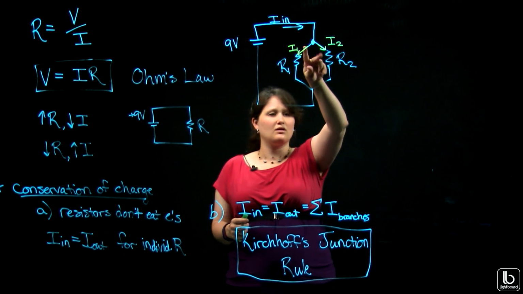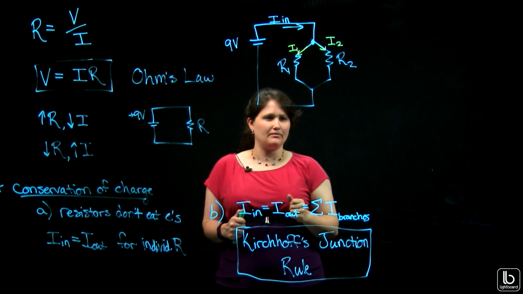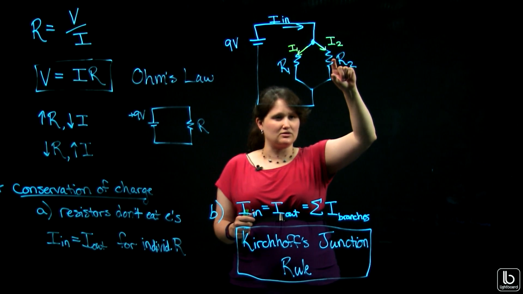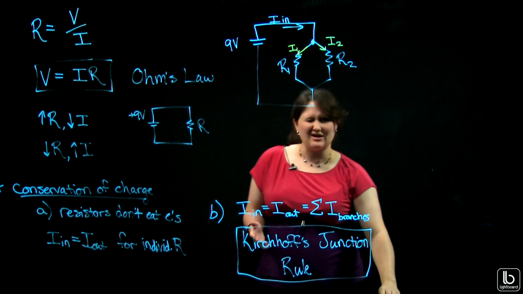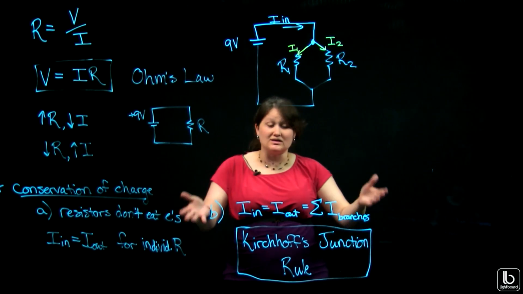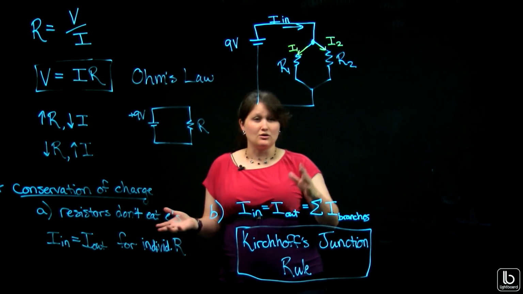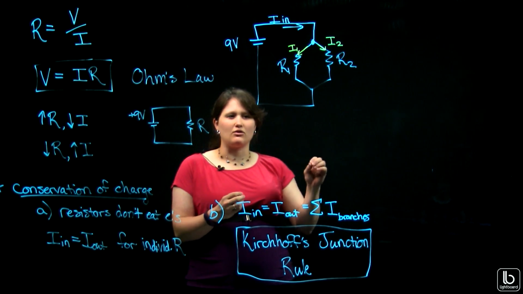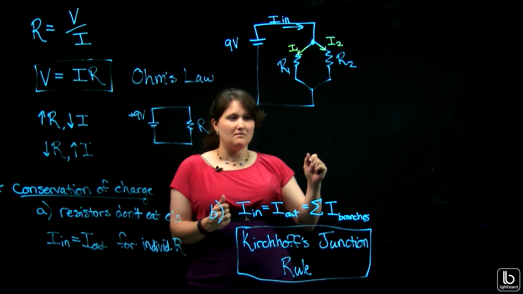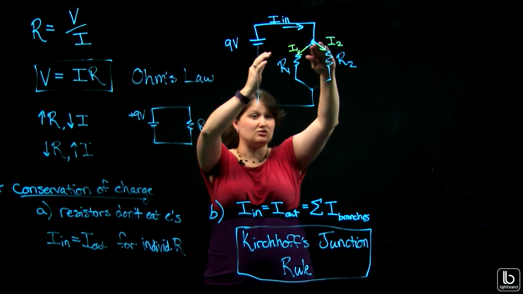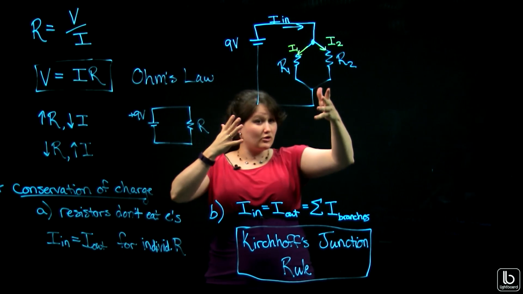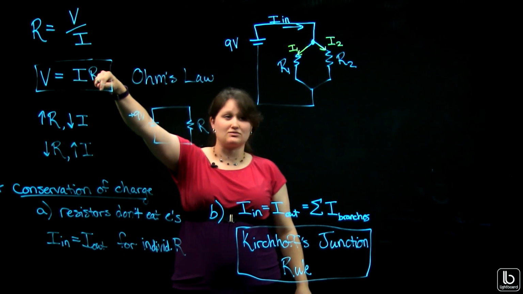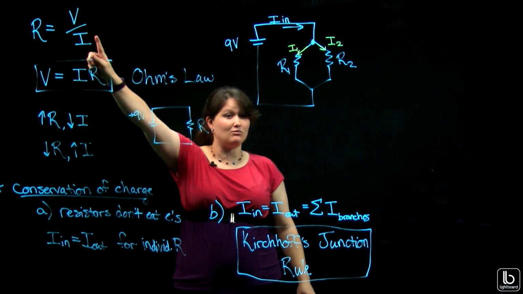But here, are they necessarily equal? What if I have a large resistor and a small resistor? Nature's lazy. Nature does indeed take the path of least resistance. So current is going to be, do you think, greater or less for a small resistor? I would expect a small resistor to experience more current, because Ohm's law says that if I have less resistance for a given voltage, I've got to have more current.